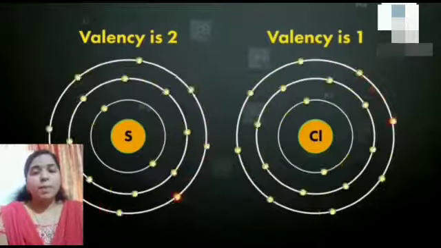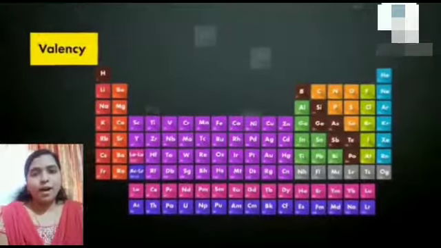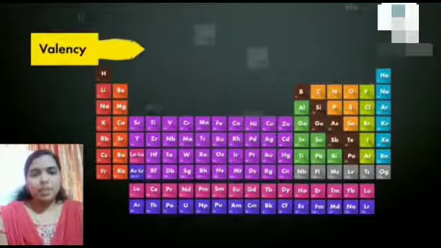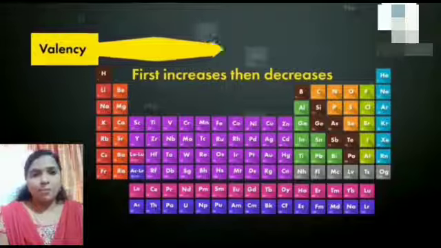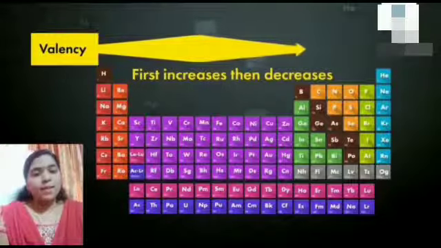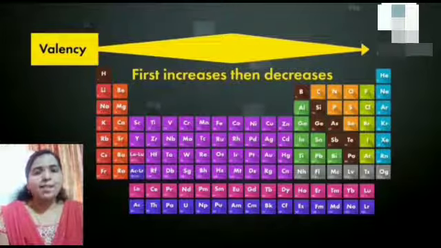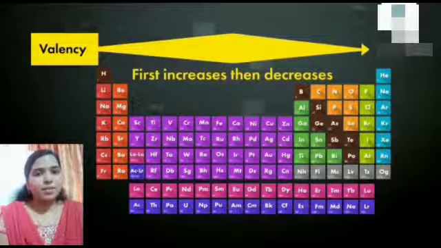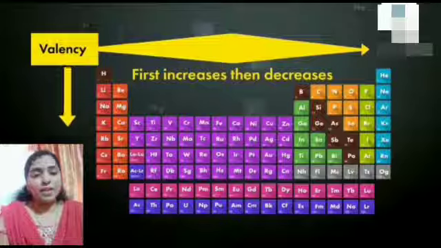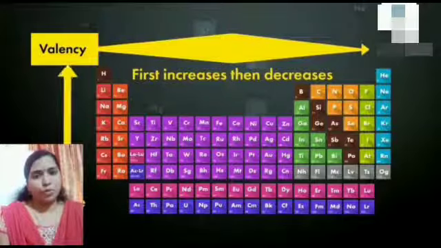So if the number of electrons in the valence shell is more than 4, it is easier to gain electrons to complete the octet. So we can conclude that valency first increases and then decreases across the period, but it remains the same going down the group.